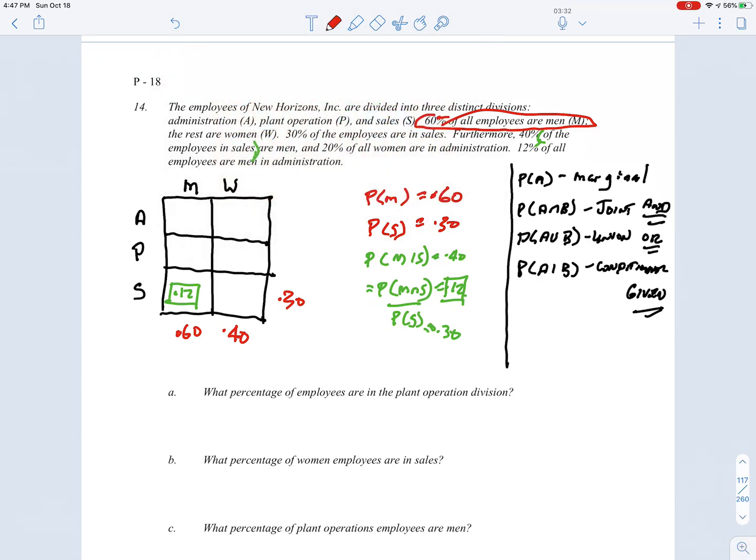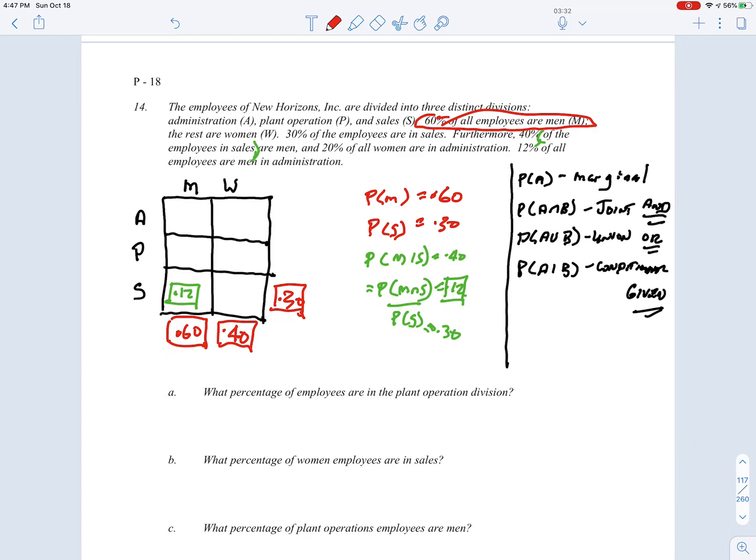I'm going to put a box around these if they're given to us in the problem. Okay, so 40% of the 30%. 40% times 30% is 12%. That's the joint probability of sales and men.